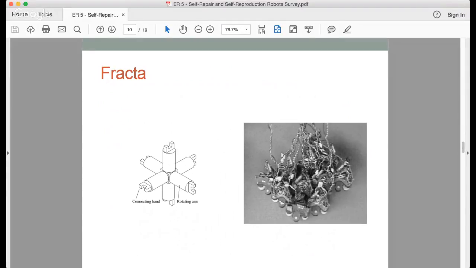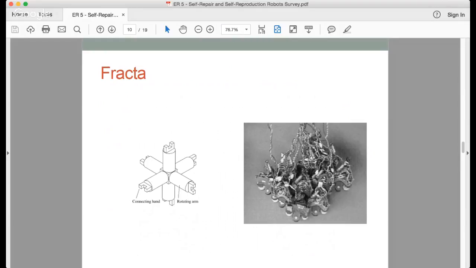So Fractal, we mentioned it as well earlier in the modularity meetup. It's a hardware system composed of 20 mechanical units. It was used for validating a simulated annealing algorithm for self-repair robots.